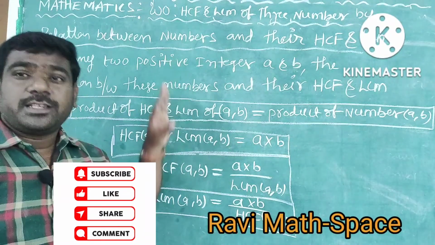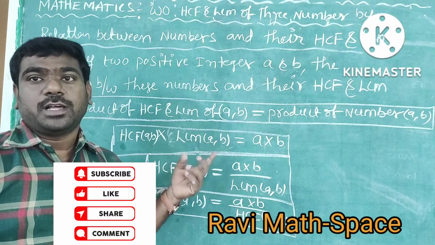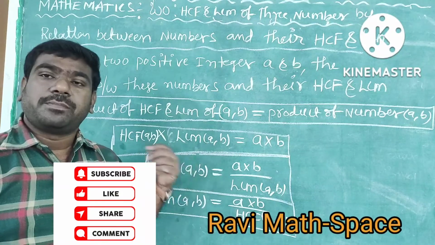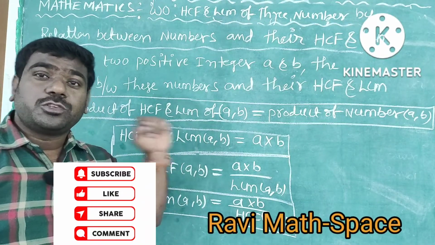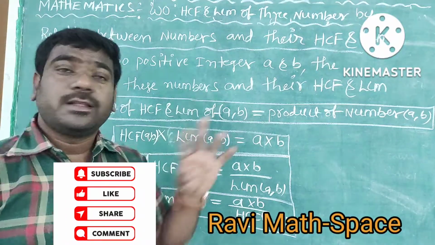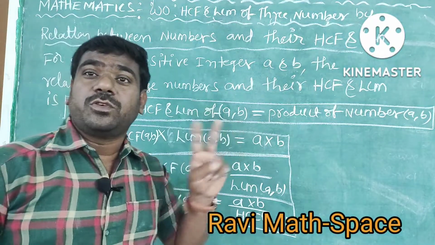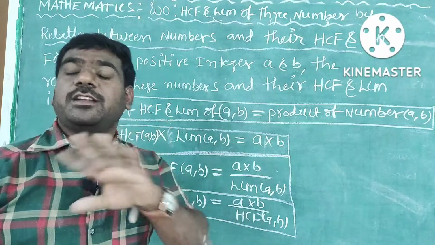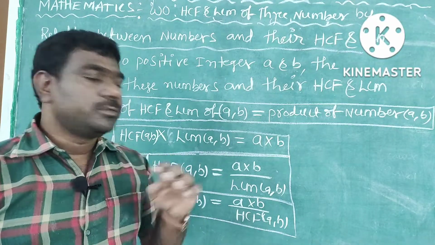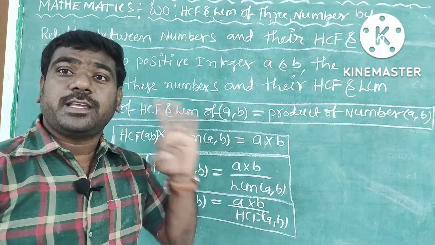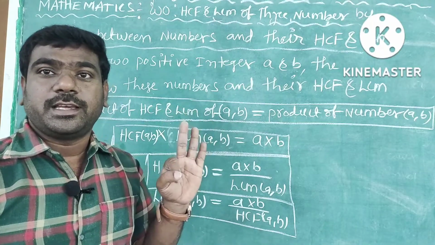Based on this relation, we have to do some problems and applications. One thing you should remember: this relation exists only for two numbers, not for three numbers. Understand? Keep that point in mind.